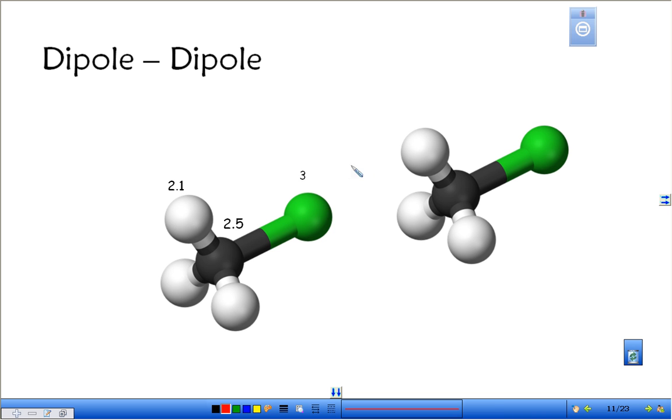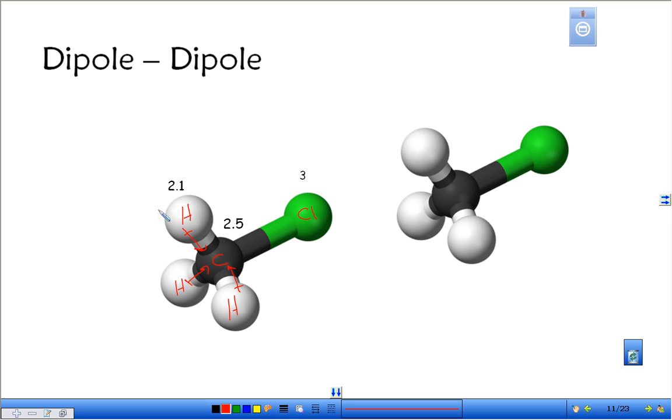Now, for a dipole-dipole in this particular case, we have some hydrogens all the way around here, all the white ones, and this is a carbon in the middle, and then this end piece is a chlorine. If you'll notice, we have electronegativity of 2.1 and 2.5 here, so between the hydrogens and the carbon, the electrons are moving in towards the carbon.